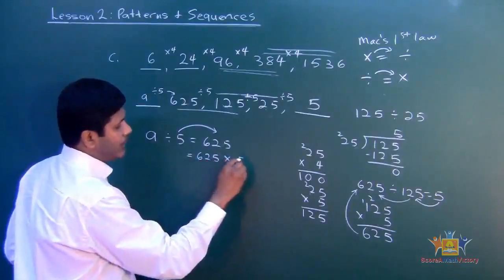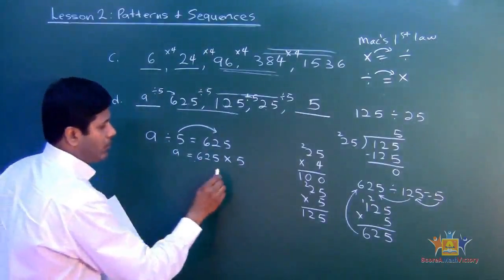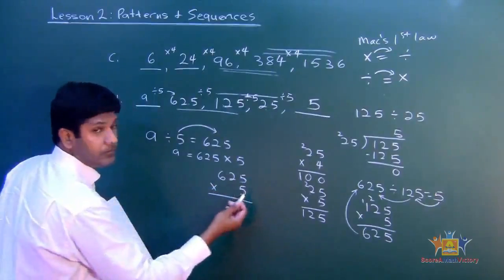So that means 625 times 5 equals A, the unknown. So how are we going to do that? Long multiplication. 625 times 5. 5 times 5 is 25.